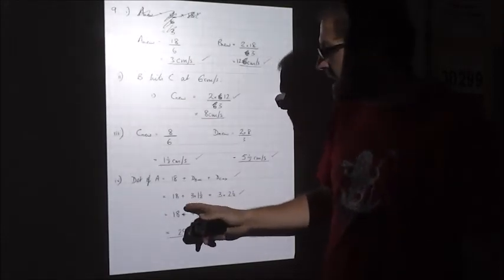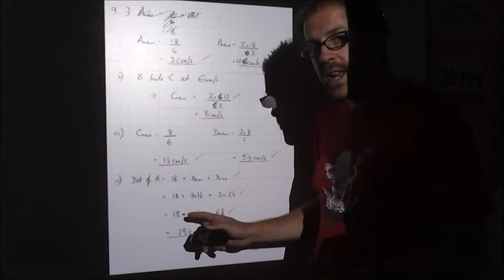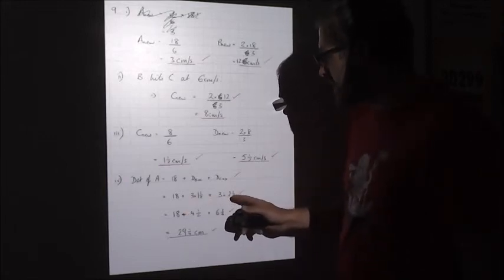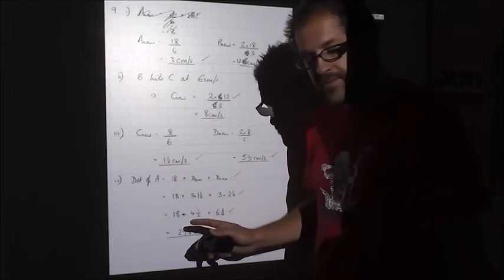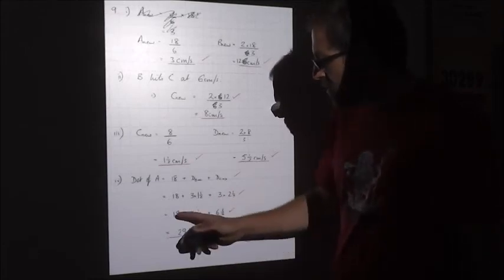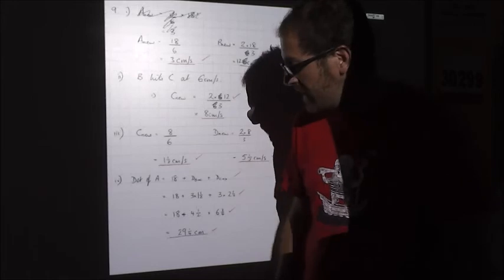So we've got 18 plus 3 times 1 1/2, because it takes B 1 1/2 seconds to reach C, and then 3 times 2 1/4, and that's the time it takes C to hit D. Work it out using fractions and you end up that A has gone 29¼ centimetres.